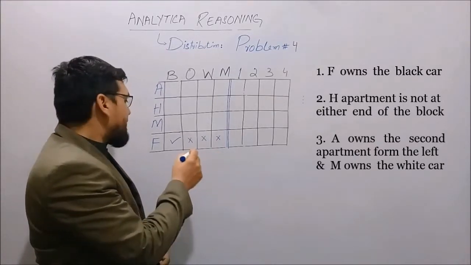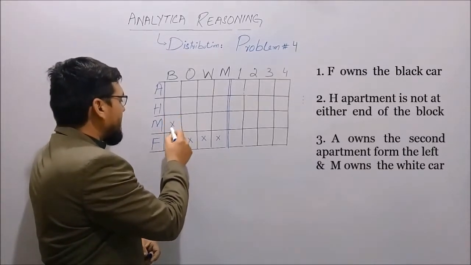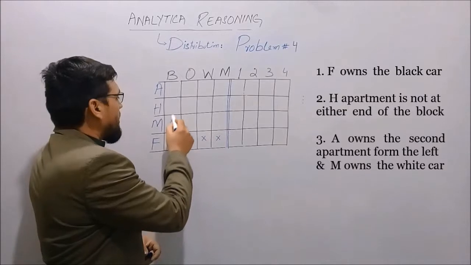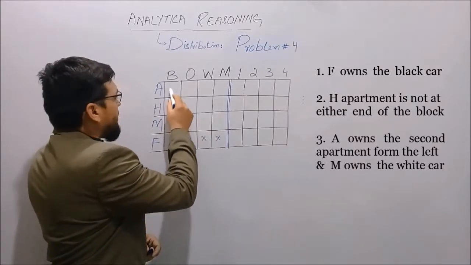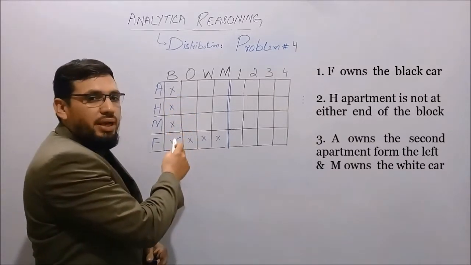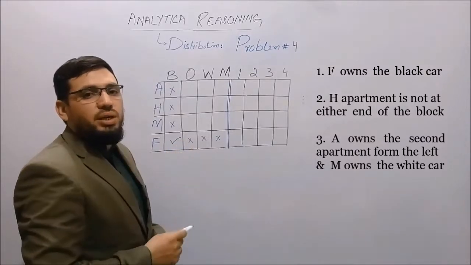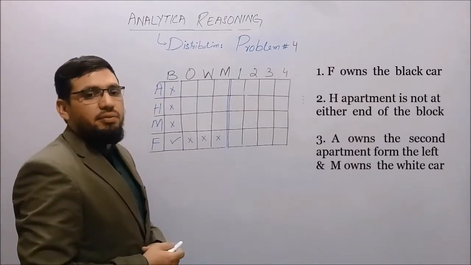Moreover, as F has the black car, neither M, nor H, nor A can have it. So by applying this one piece of information we got a lot of our cells filled.